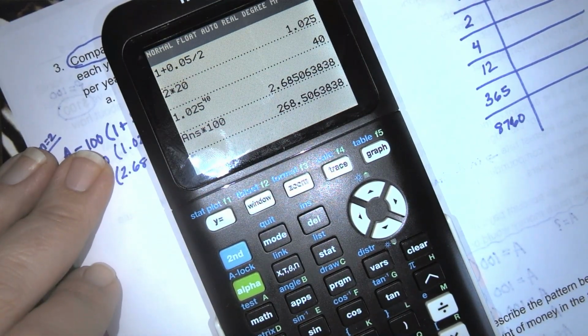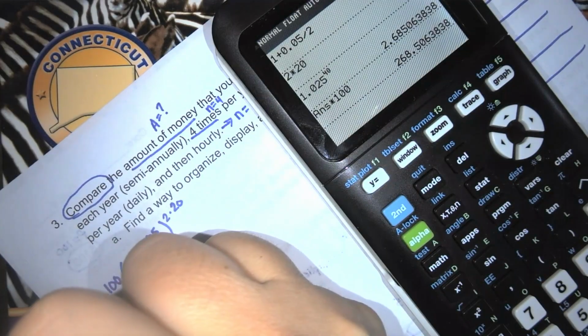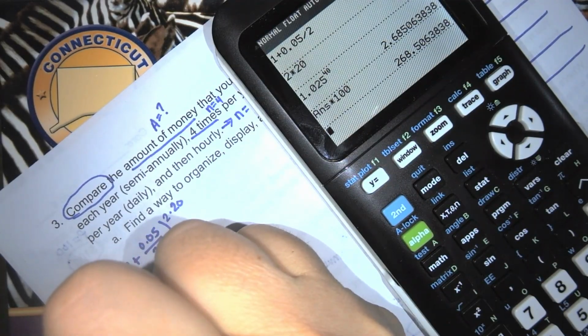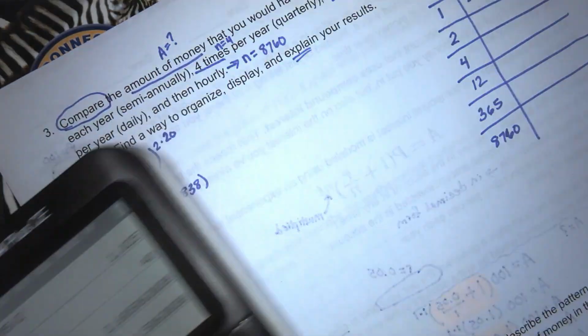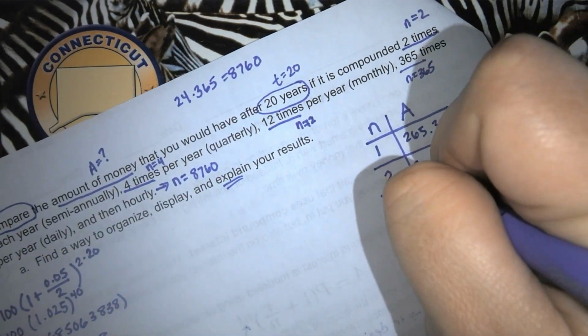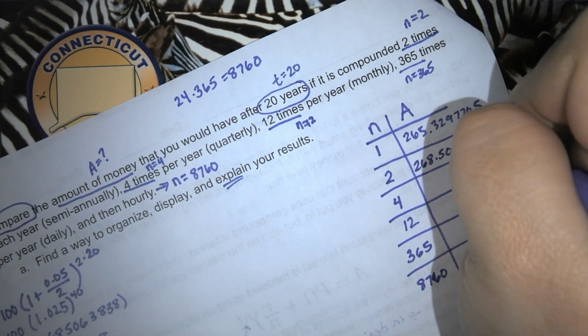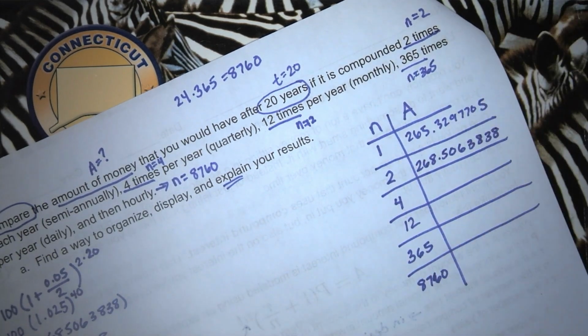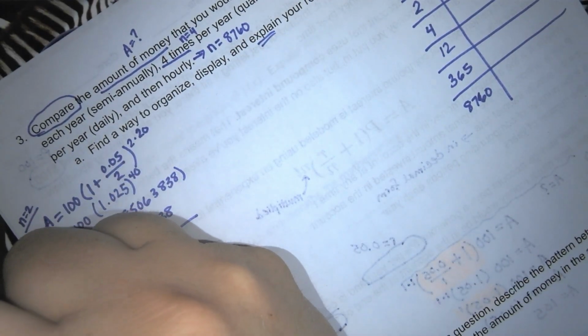So when I multiply that by 100, we get 268.5063838. So A is equal to 268.5063838. So I'm going to fill that in my table over here. 268.5063838. And now I'm going to redo the same thing, but when n equals 4.